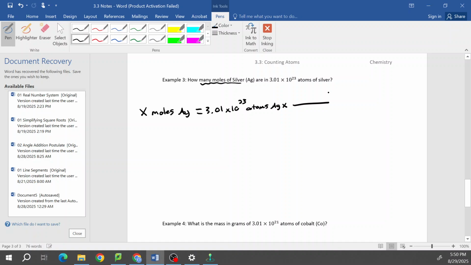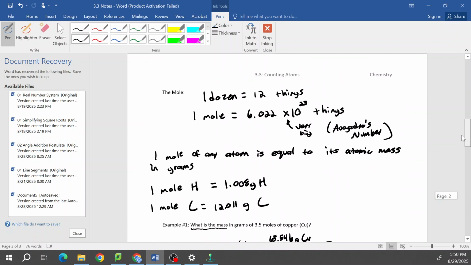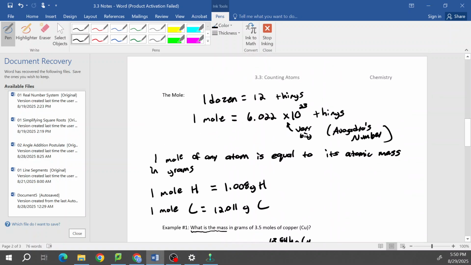I always multiply by my conversion factor. If I want to cancel the atoms of silver, it needs to go on the bottom. And what do I know? Do I know some way to convert atoms into moles? Well, if I look back at the top, under our notes about the mole, I know that 1 mole is equal to 6.022 times 10 to the 23 things.